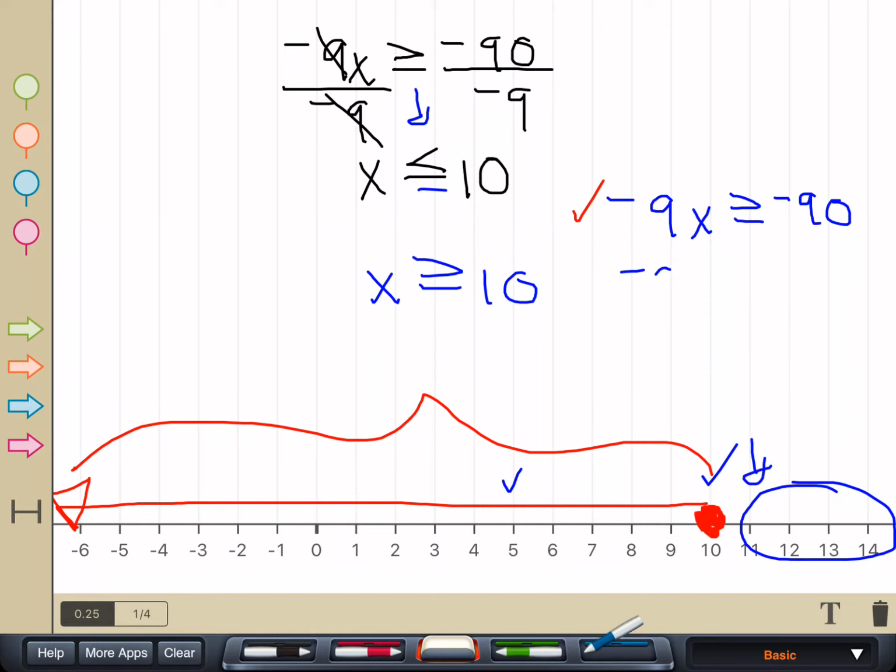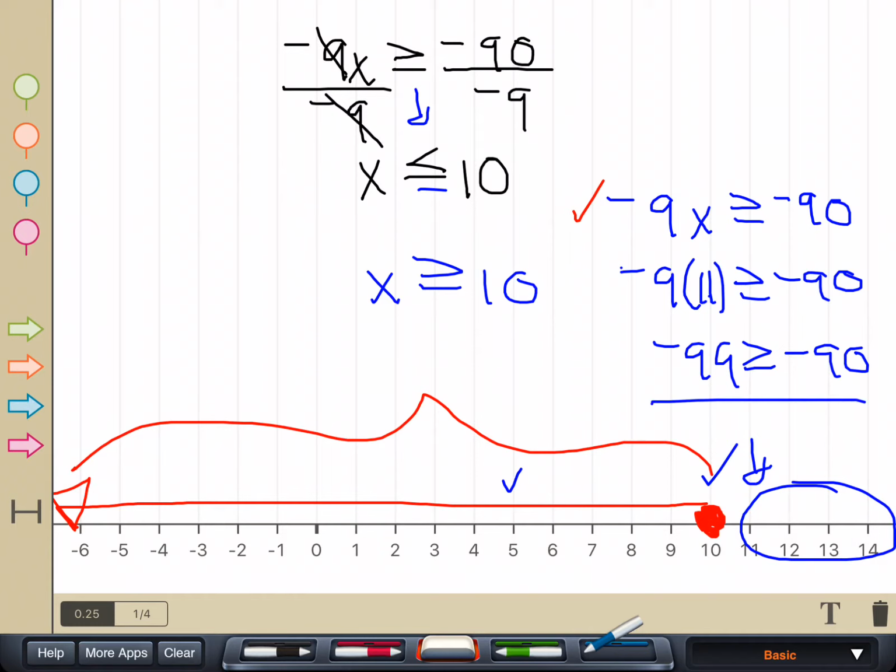So if I substitute the x for 11, and then solve, negative 9 times 11 is negative 99. This statement is not true. Negative 99 is not greater than or equal to negative 90. Negative 99 is less than negative 90. So this statement is not true.